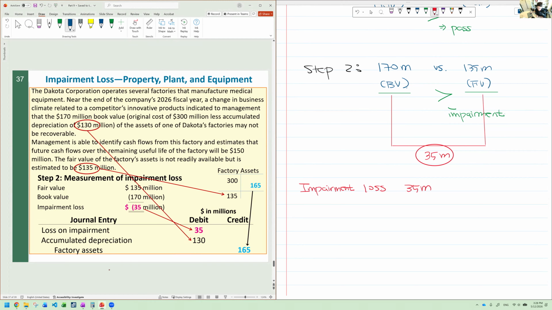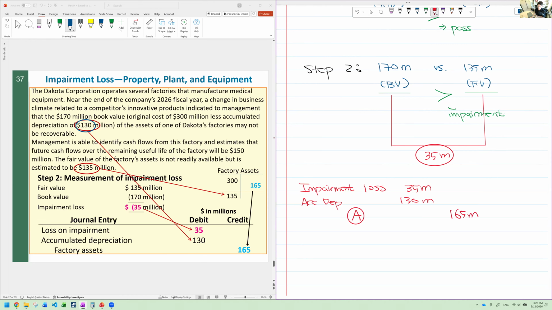To remove it, we're going to debit accumulated depreciation. So far, we've accumulated a total of $130 million. And then since this asset is losing value, we're going to credit this asset at $165 million.